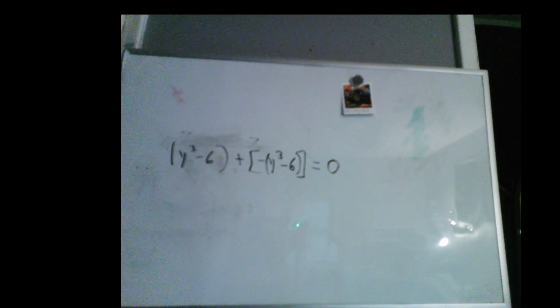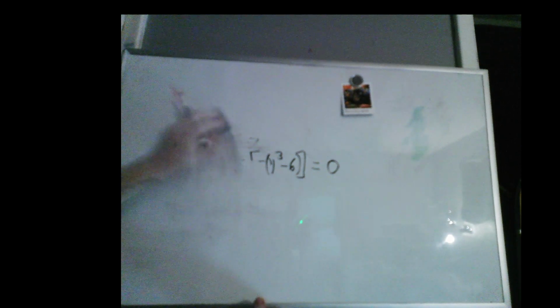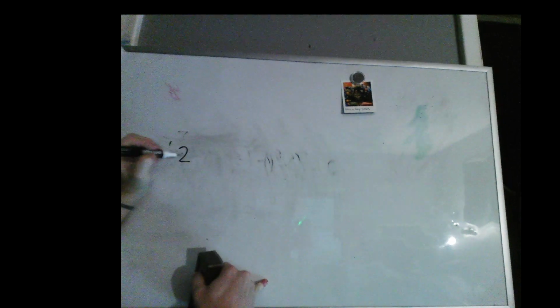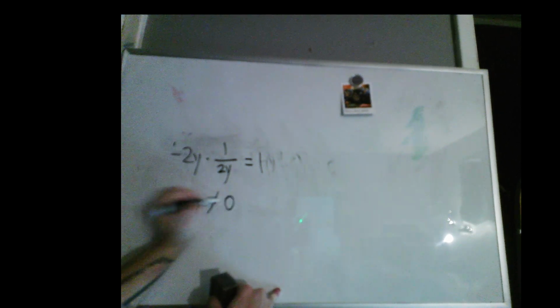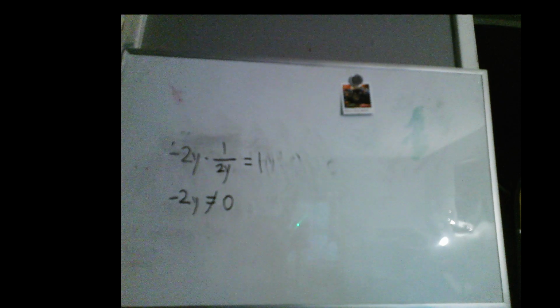Here we have the next equation: negative 2y times 1 divided by 2y equals 1, where negative 2y is not equal to 0. Now we can already tell that this is going to be one of the multiplication answers.